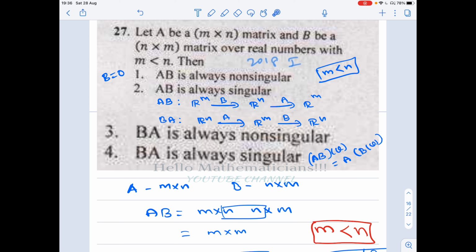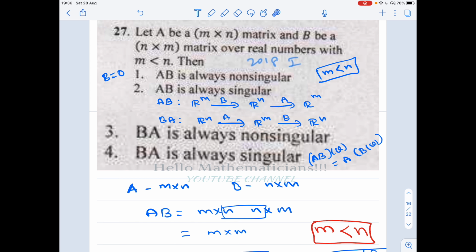Now, B we apply only on the image of A. When you calculate AB of V, only B of V is applied in A, so the vector belongs to the range of B and is applied to A. Similarly here, only vectors belonging to the range of A get applied to B. So the range of A will be some vector space of dimension strictly less than n.